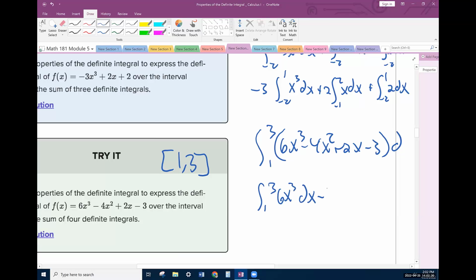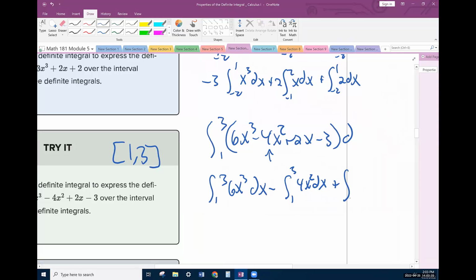Someone give me the next one. We're doing this term now. 4x squared dx.